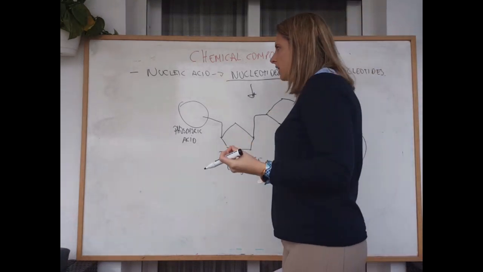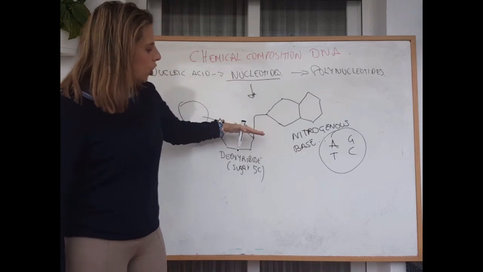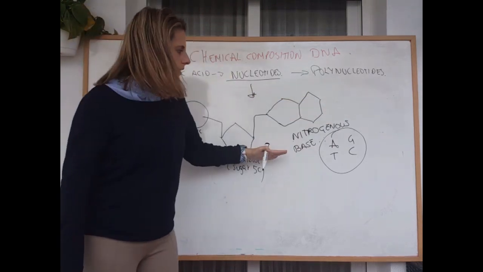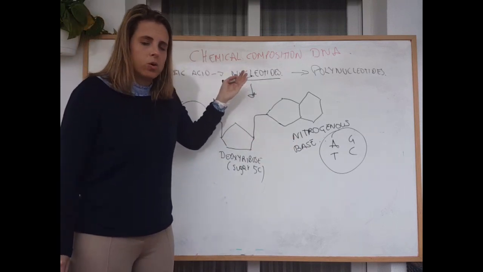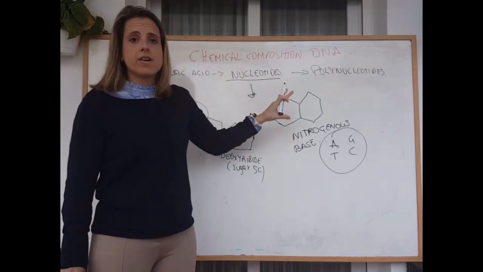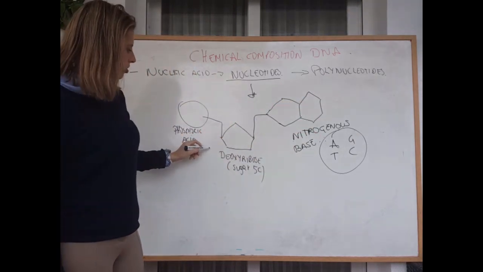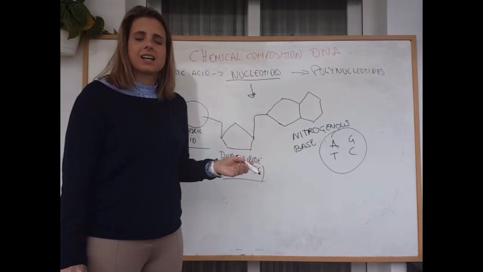But when I'm talking about DNA, I'm talking about the union of many nucleotides. So this one, that is just one, is going to join another one that is going to be very similar. Why do I say very similar? Because the main structure, we see this one and this one, is going to be exactly the same.